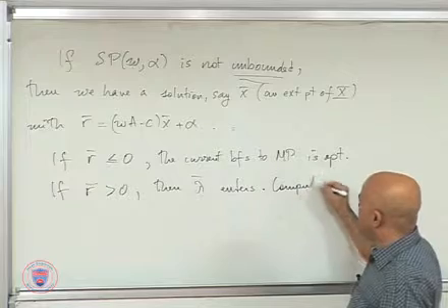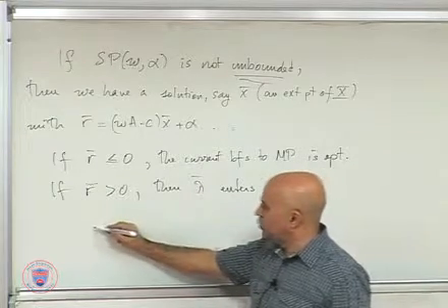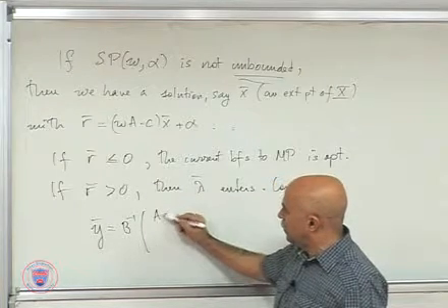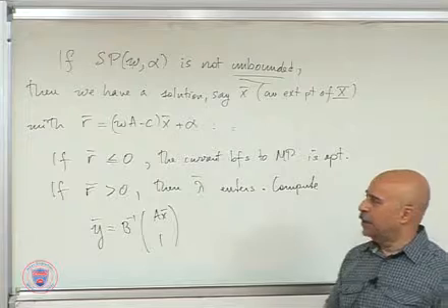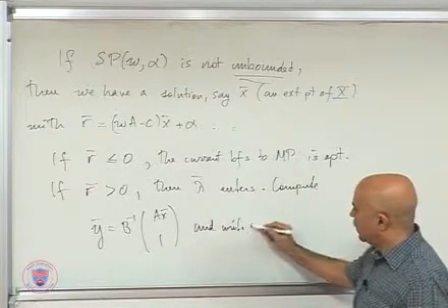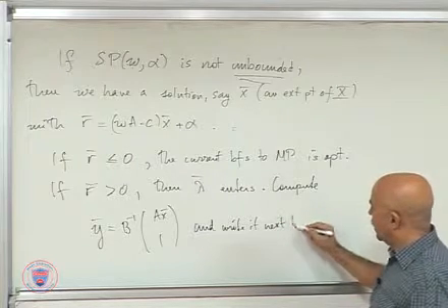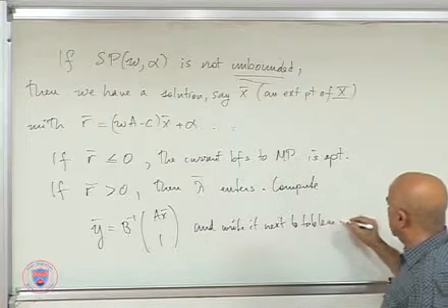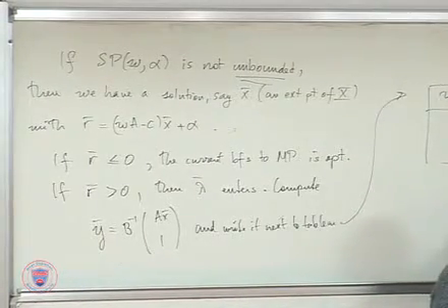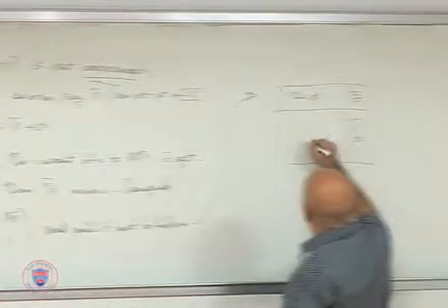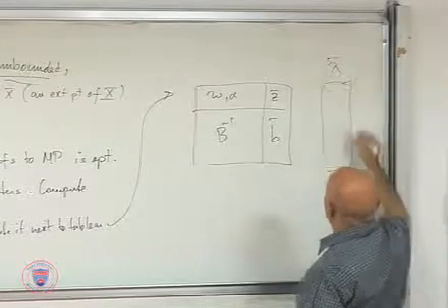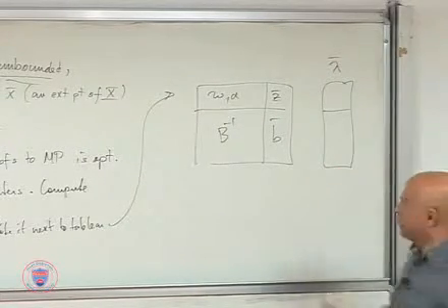R bar is already computed, so we also compute y bar, which is your B inverse times A x bar and 1, and then write it next to the tableau, which had W alpha, z bar, b bar, and B inverse. So you write it here. In this case, lambda bar enters, or lambda_k, whatever you want to call it.